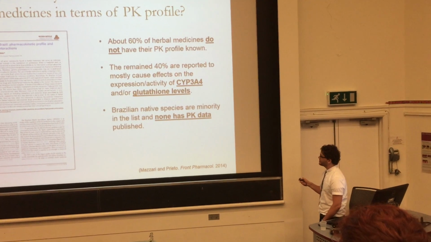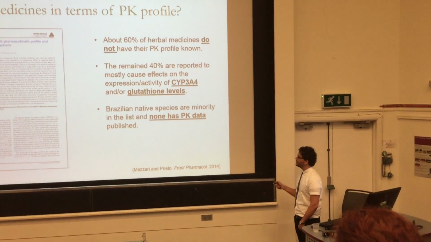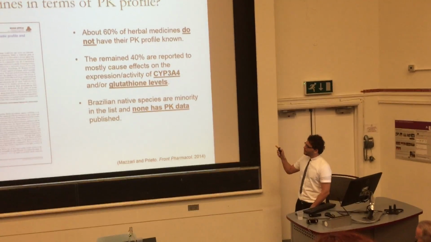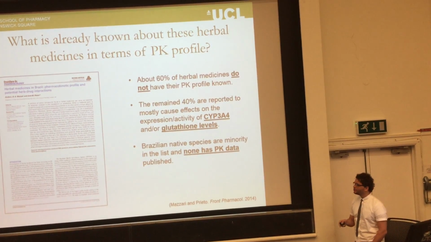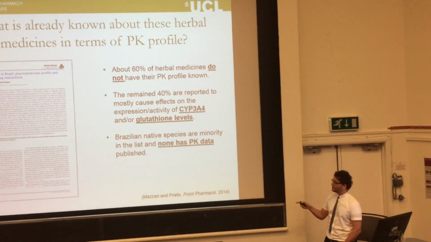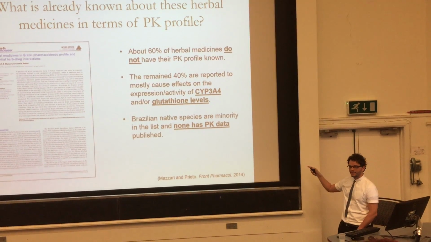The remaining 40% was affecting mostly the CYP enzymes and glutathione levels, and among that list, there is no data on effects caused by any of the Brazilian native species.